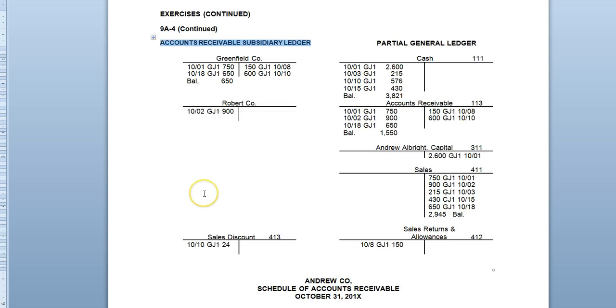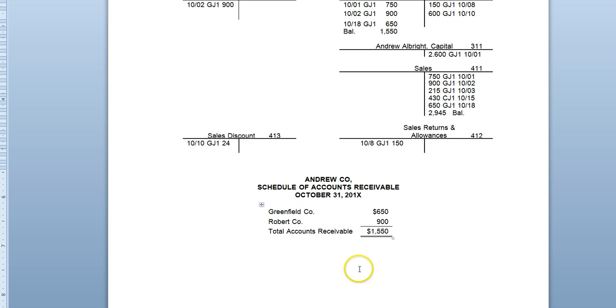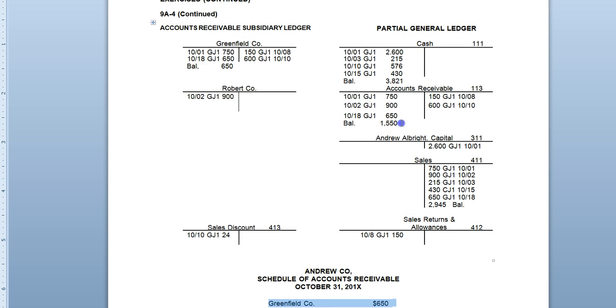This is a very simple exercise. There are only 2 customers that we deal with, Greenfield and Robert. So you're going to see at the end of the month, when we do our schedule of accounts receivable, there are only 2 people that owe us money, Greenfield and Robert. And that 1550, while I'm here, has to tie in with the balance of accounts receivable.